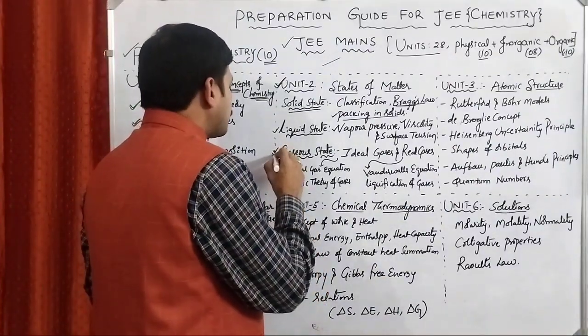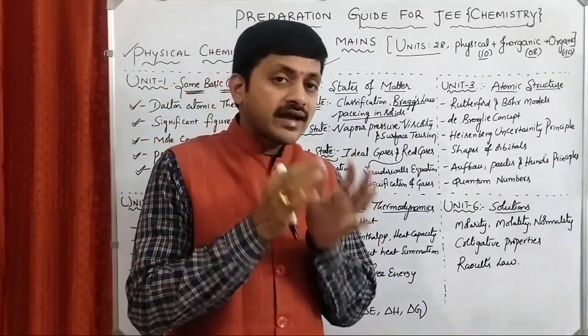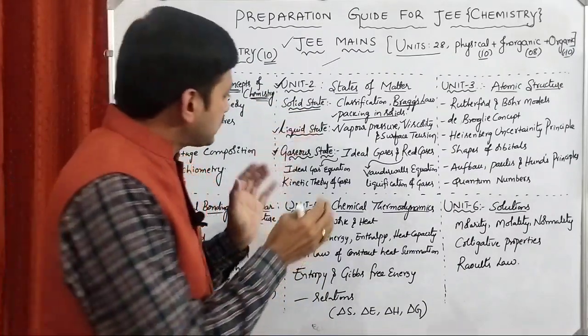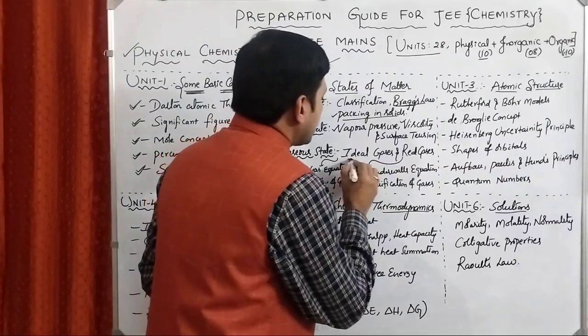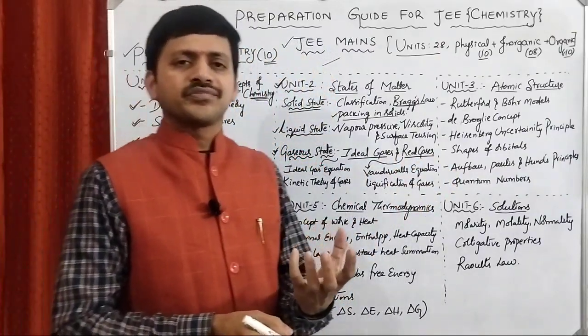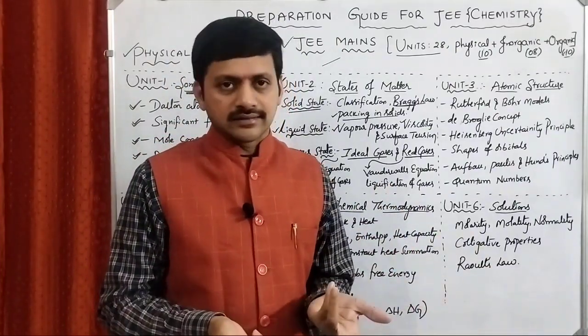Now come to the gaseous state. Generally the syllabus from the gaseous state is much larger compared with the solid state and the liquid state. Here are the very important points. The first one is what? Ideal gas. The second one is real gas. In general, we need to study the properties of the real gases and the ideal gases.